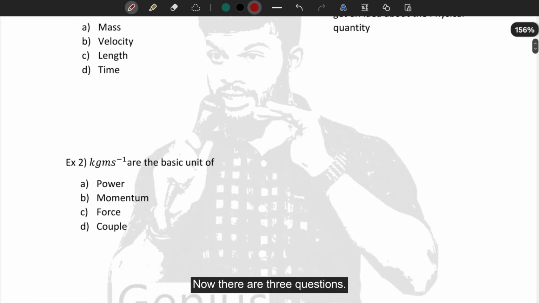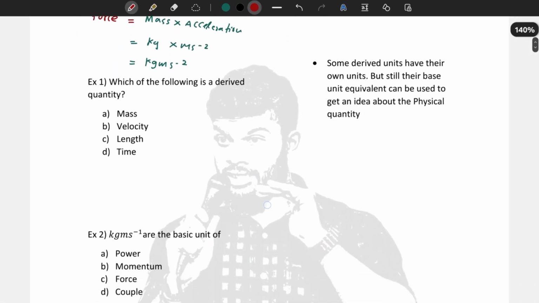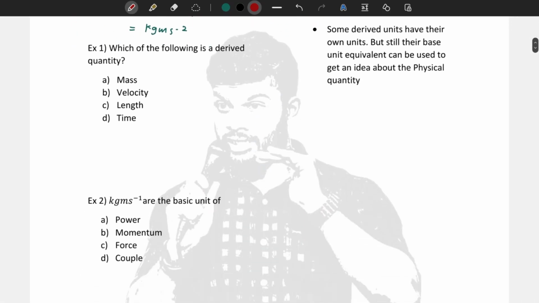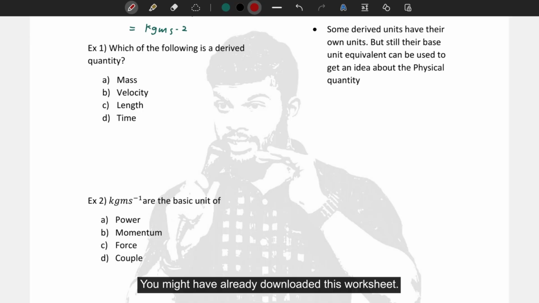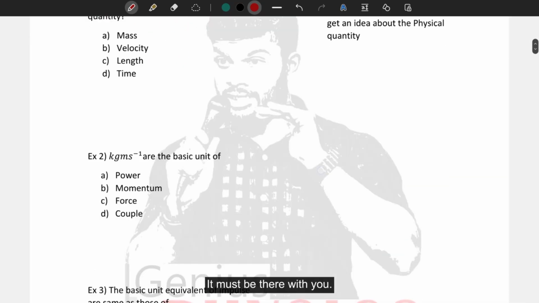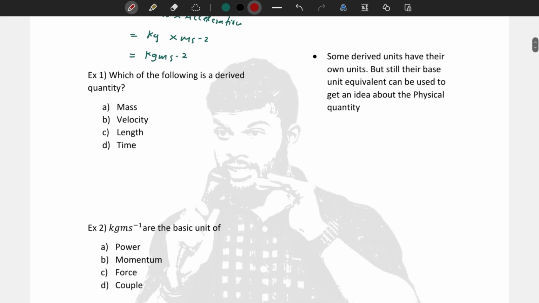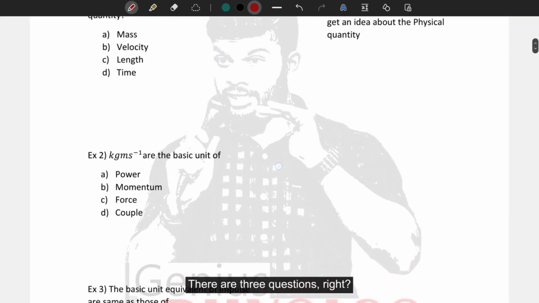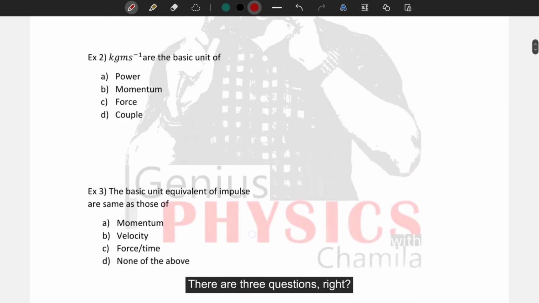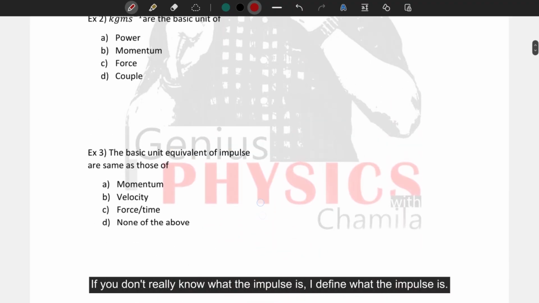Right, now there are three questions. I have already sent you this. You might have already downloaded this worksheet. It must be there with you. This is the sheet that you have to refer to. So I want you to try this out. There are three questions. If you don't really know what the impulse is, I'll define what the impulse is.